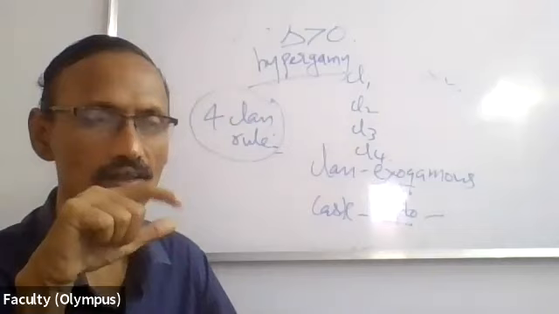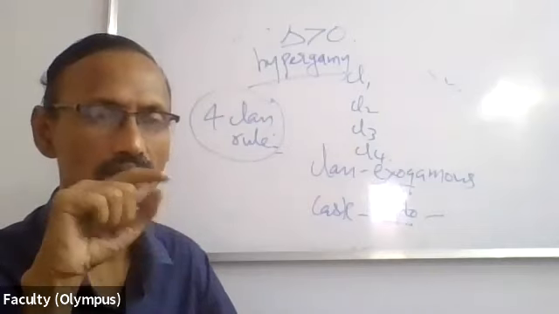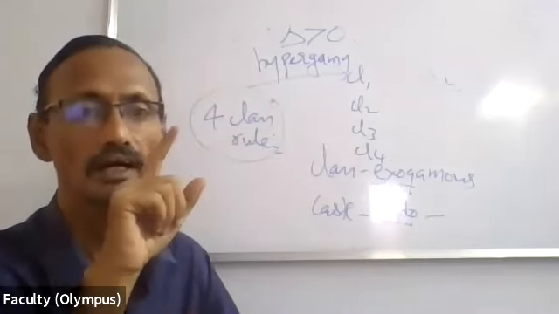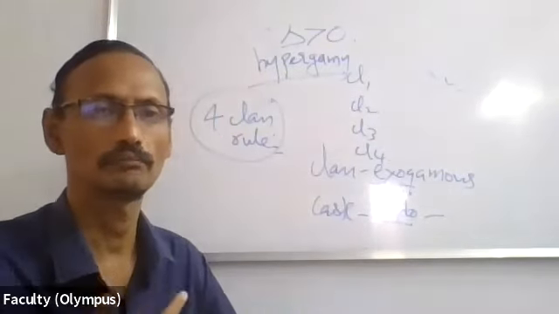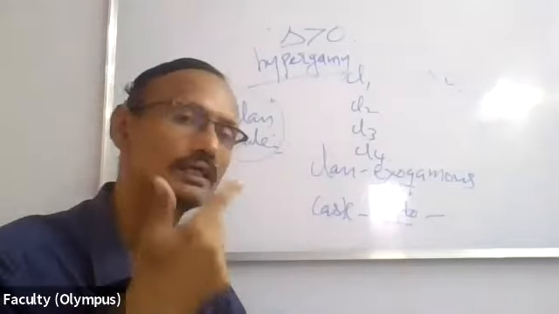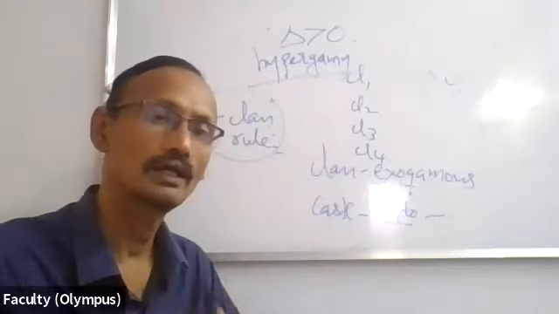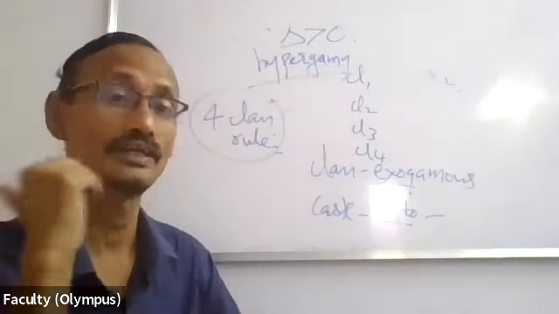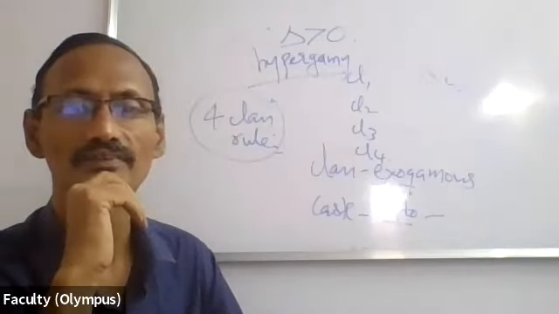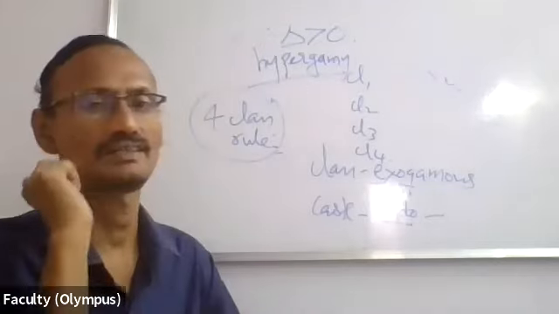Because after all, girls' parents think, our child is there. Her happiness depends not on what we think, but on what her in-laws, her husband, her husband's sister, all the people there, how they think and how they treat. So there is an essential power imbalance in this.